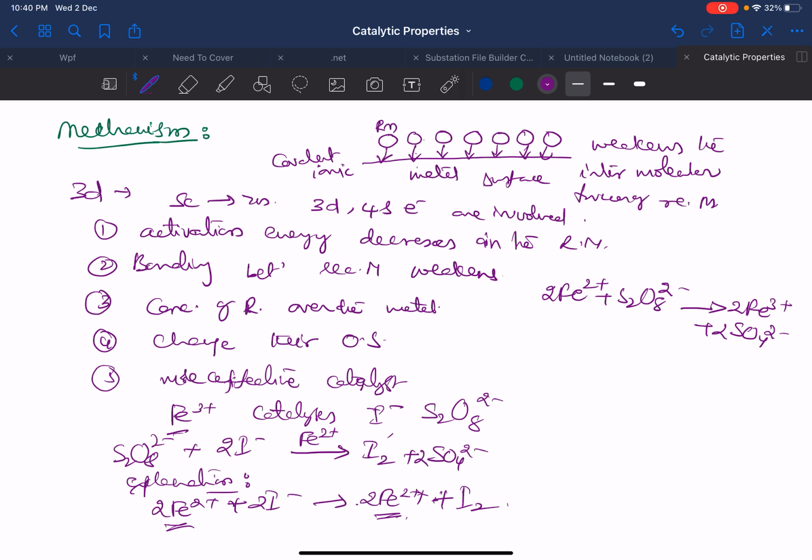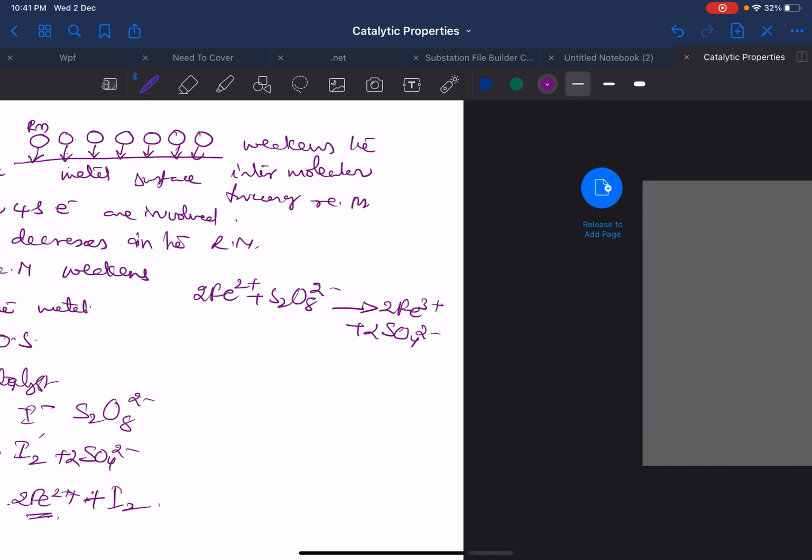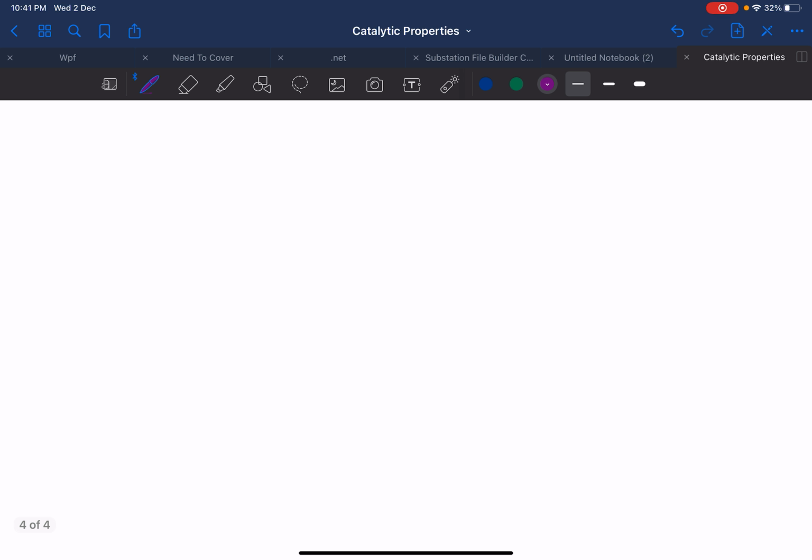So these are the two steps involved in this Fe3+ catalysis of the iodide ion and persulfate ion.